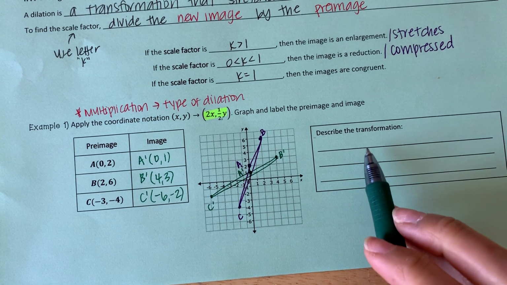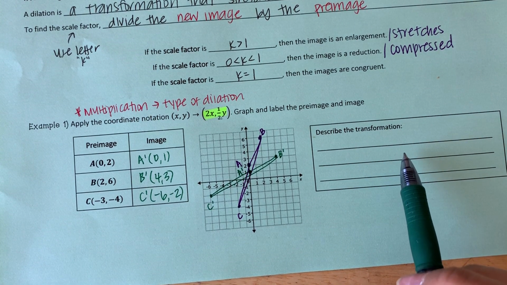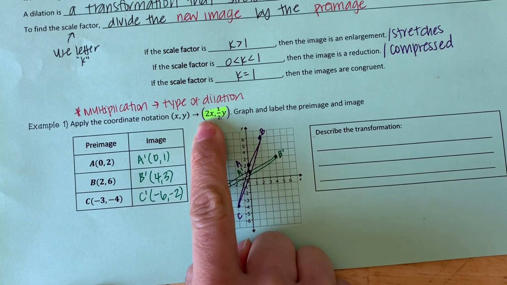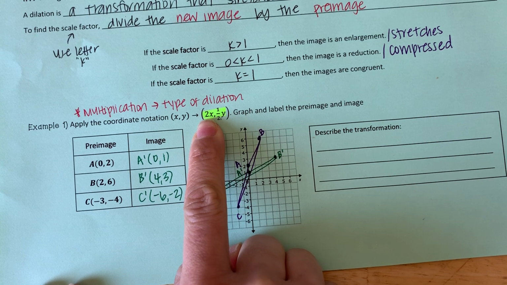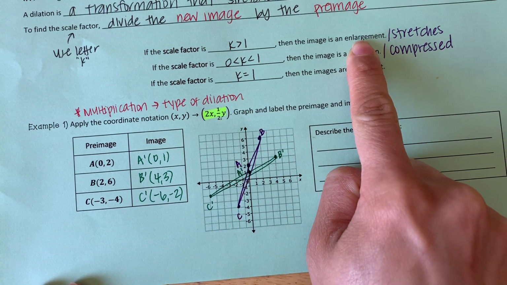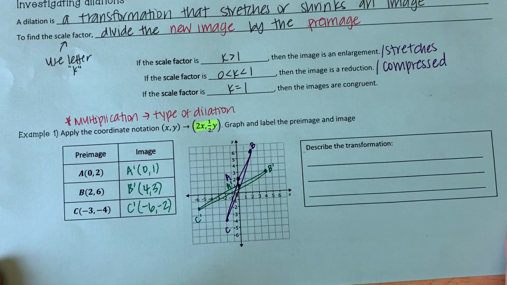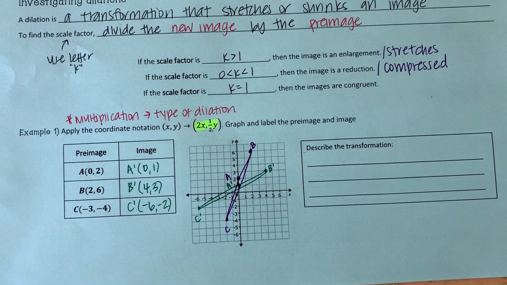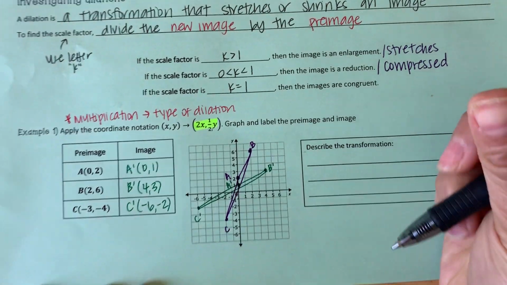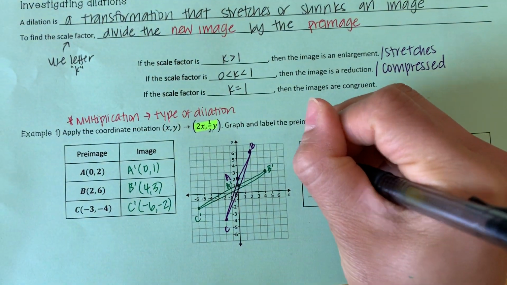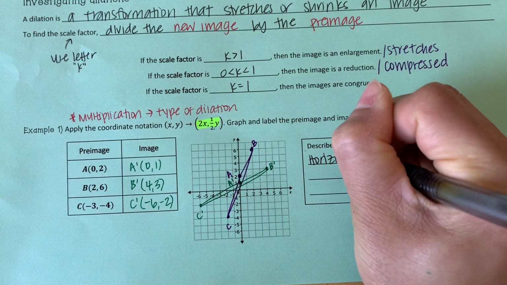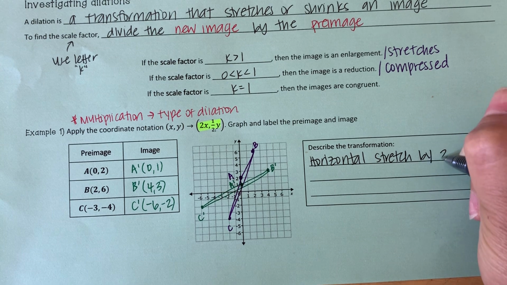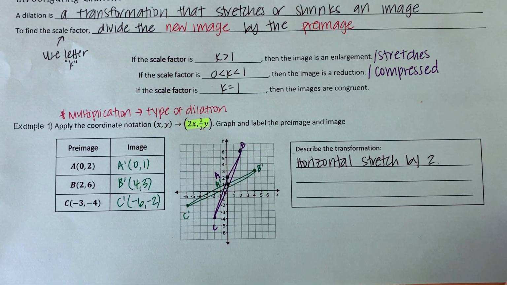When you are describing the transformation, we're going to go ahead and take a look at the scale factor. Now, because for the first one, our scale factor is 2, that means for x, there is an enlargement or it stretches. Now, because it's our x, remember our x is our horizontal. So we're going to say a horizontal stretch by 2, because that is our x value.